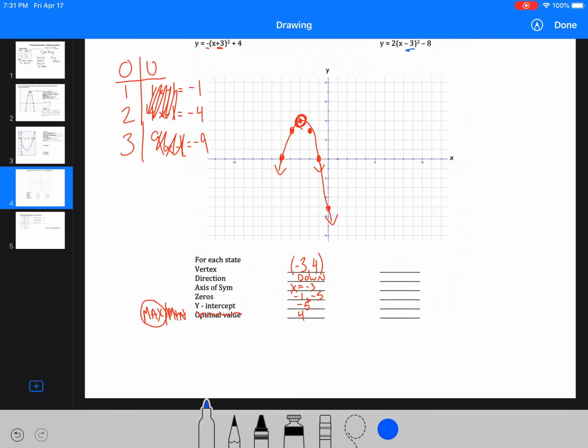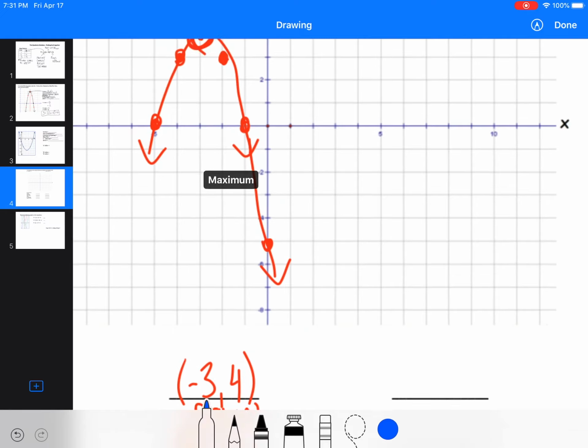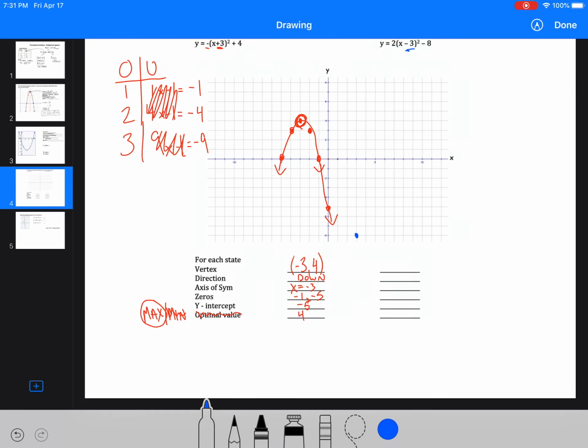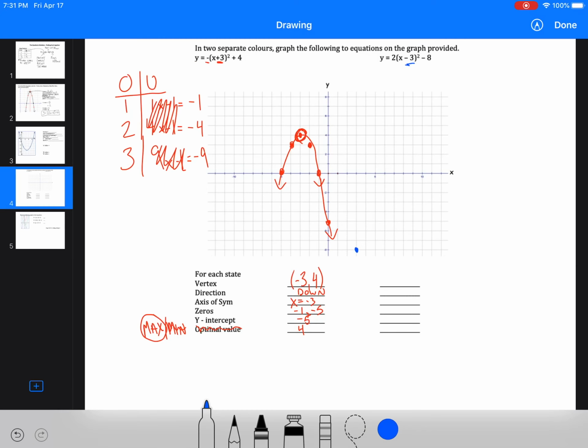Okay, let's try the next one. We'll do the next one in blue. So our starting point is going to be 3 to the right and down 8. So we're going to go 3 to the right. We're going to go down 8. So 1, 2, 3, down 8, right there. Okay, now our step pattern for this one. Oh, so we've got over and up.